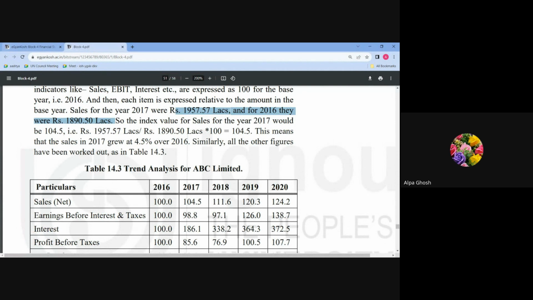If you calculate it, you get a percentage of 104.5. So the sales value will be 1957 divided by 1890 multiplied by 100. 100 is your base and 104.5 is your answer. It means 104.5 minus 100, you are left with only 4.5. So the sales has grown by 4.5%. Am I clear with this?